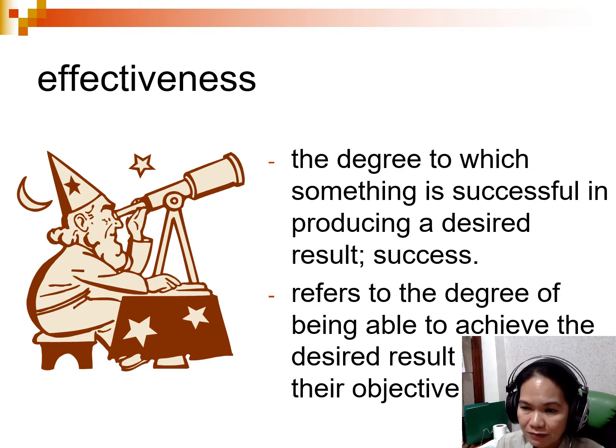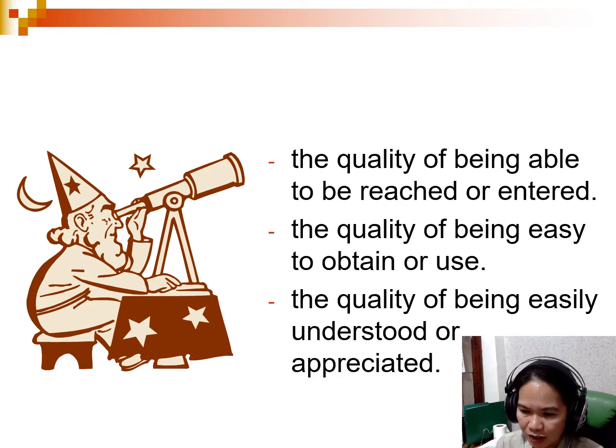Is it effective? Okay. So is it something that we desire for result? Okay. So another is, it refers to the degree of being able to achieve the desired result of their objective.